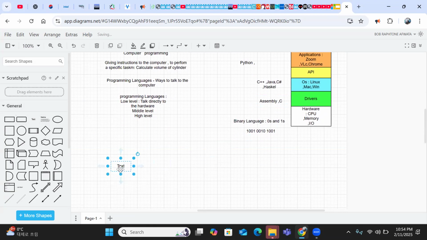The first thing is, there is what is called assembly language. So the assembly language will be converted to binary.